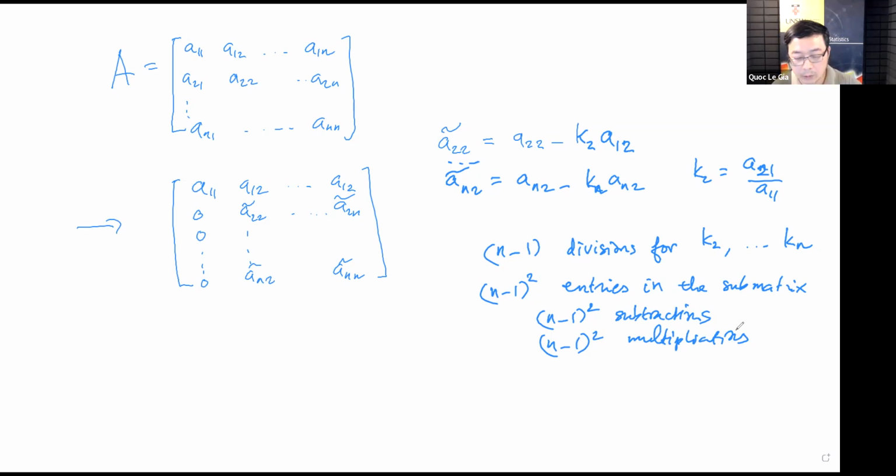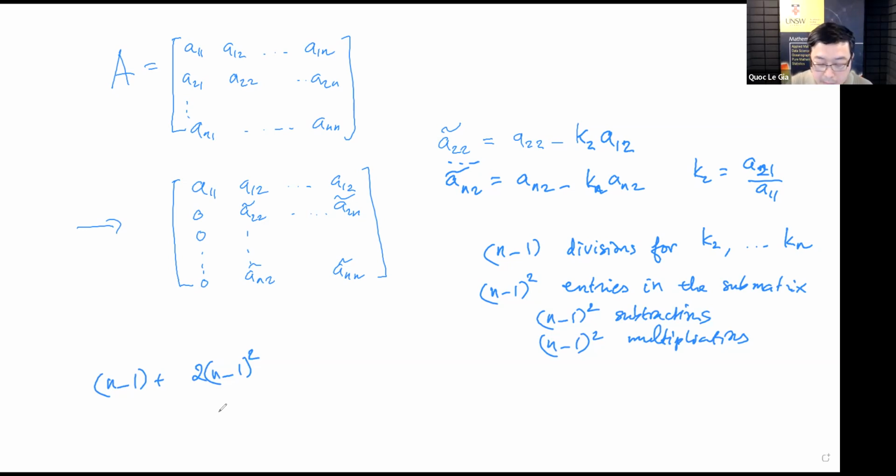So totally for the first submatrix, you need n minus 1 plus 2 times n minus 1 squared flops.